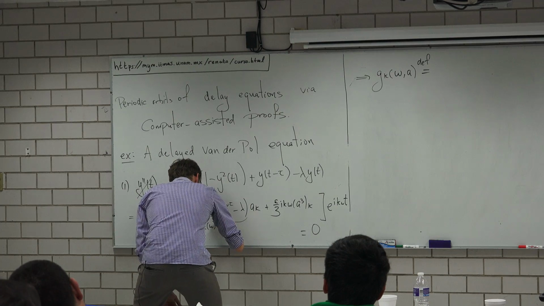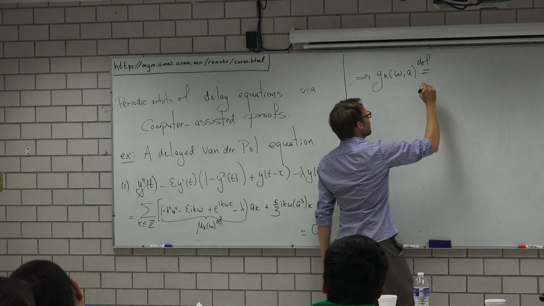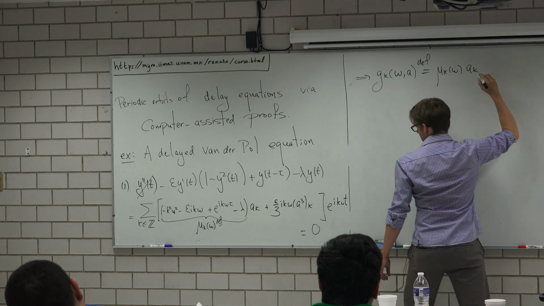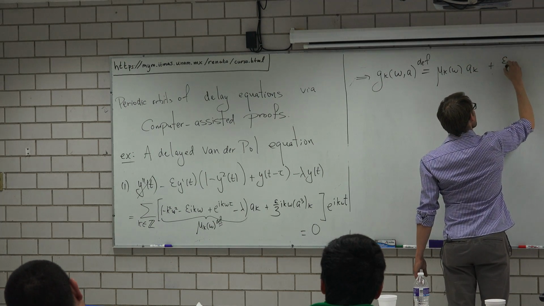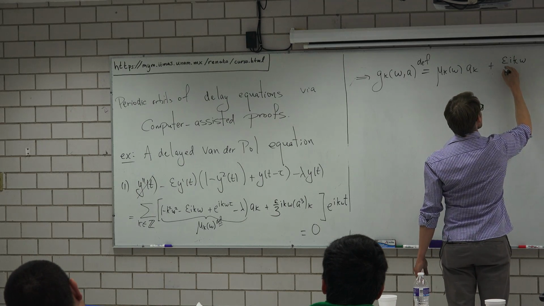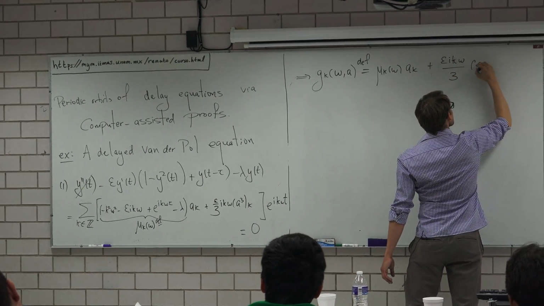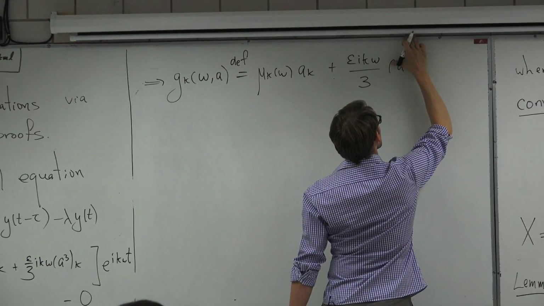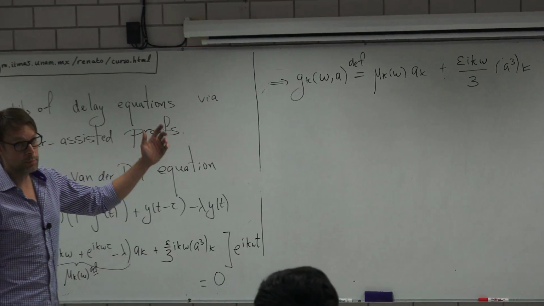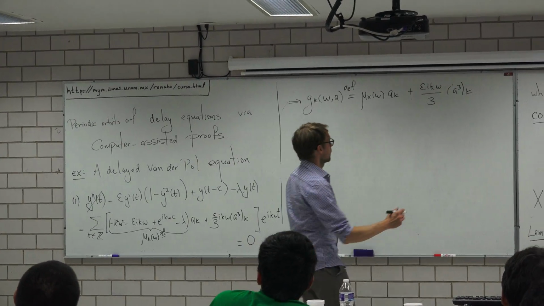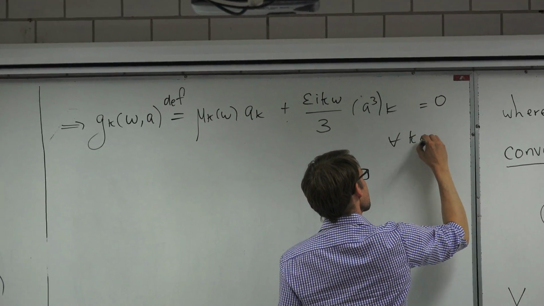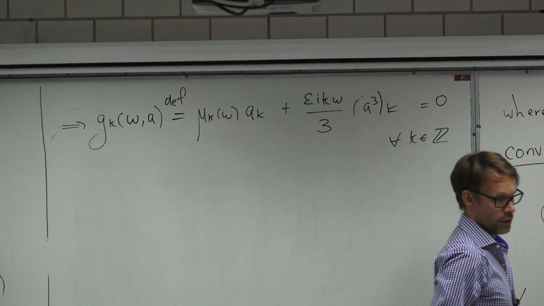So it's basically the linear part: mu sub k of omega times a_k plus epsilon I k omega divided by 3 times a cubed sub k. That's kind of a simple map, right? And then I want that to be 0 for all k in Z. That's what I'm looking to solve.